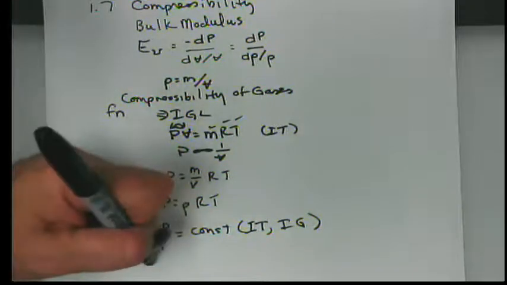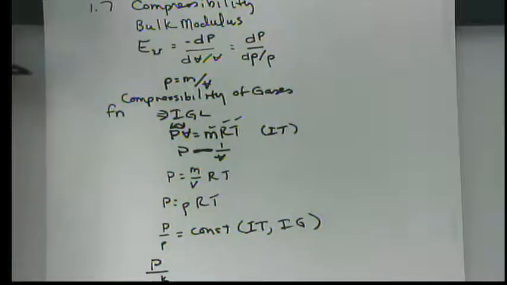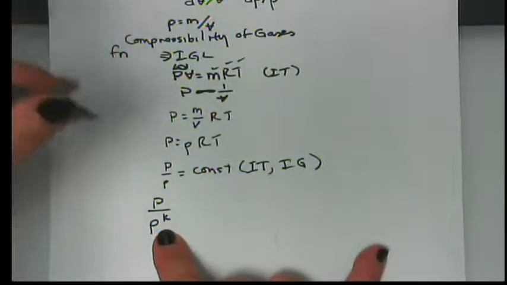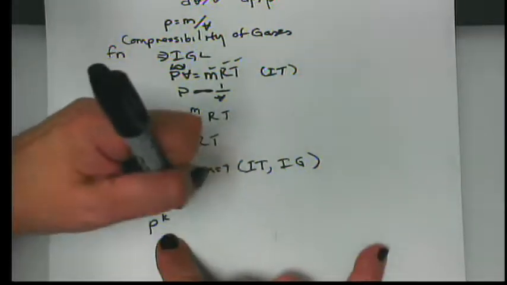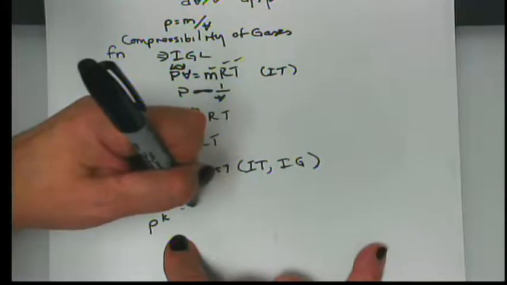They talk about one where we have pressure over rho raised to some exponent K as a constant. That's what it looks like for an isentropic process, and isentropic means that the entropy from one state to the next remains the same.